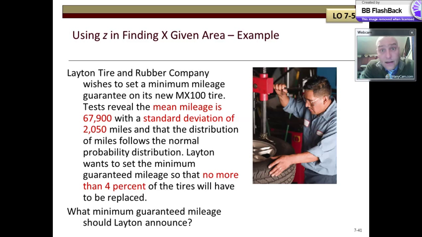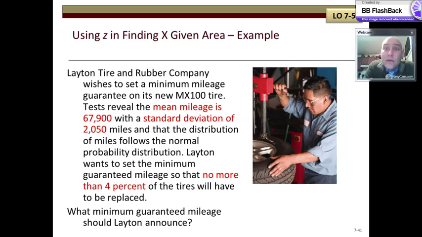So here's the idea: I'm going to replace some of my tires, and I want the people who buy my tires to know that if they get a bad tire, I'll replace it for free. I can't replace all the tires. Customers would love that, but I can't replace all, I can't replace most.